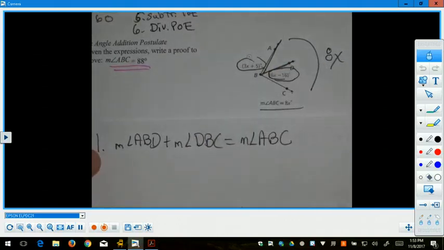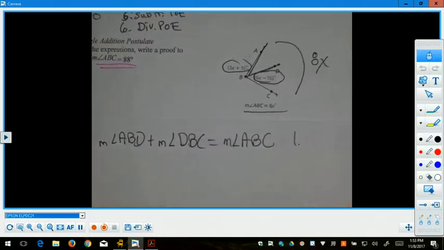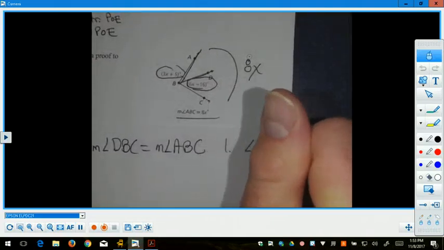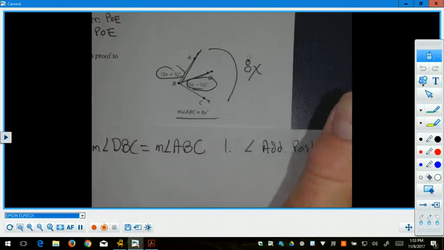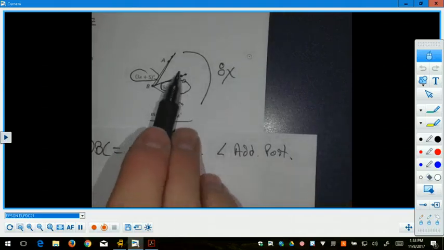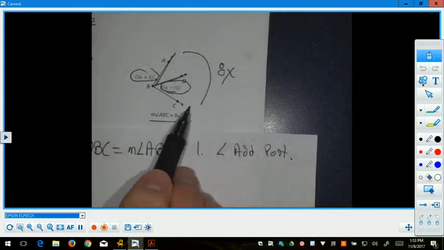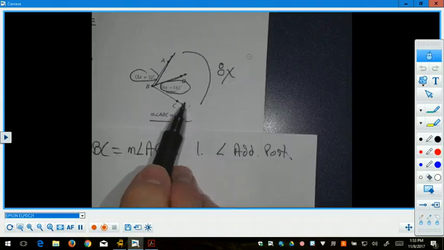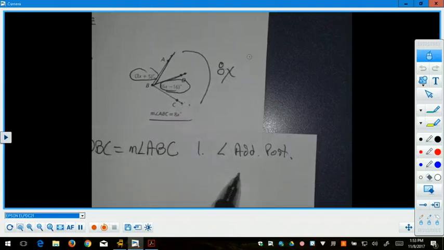And my justification for saying that is angle addition postulate. Whenever we have adjacent angles, such as those two, that are adding up to a larger angle, the justification will be the angle addition postulate.